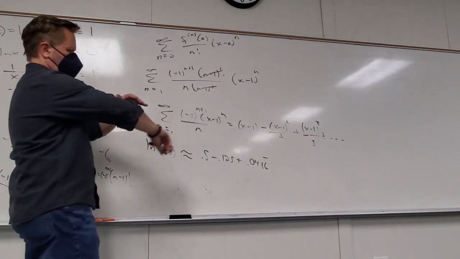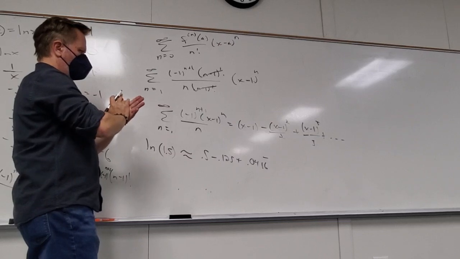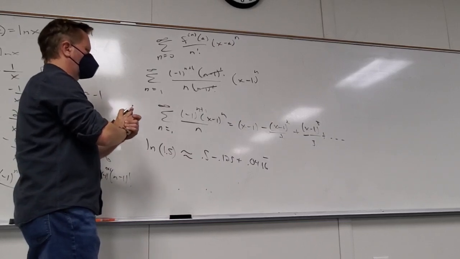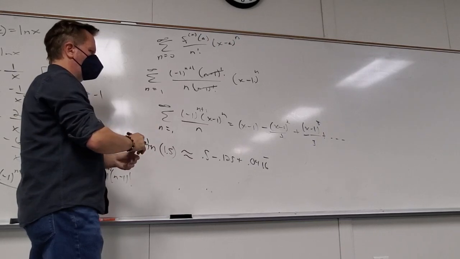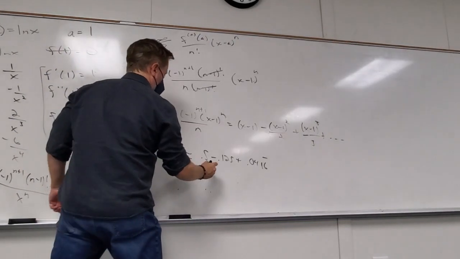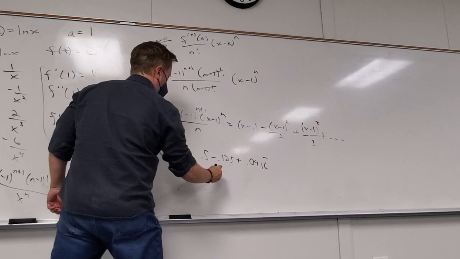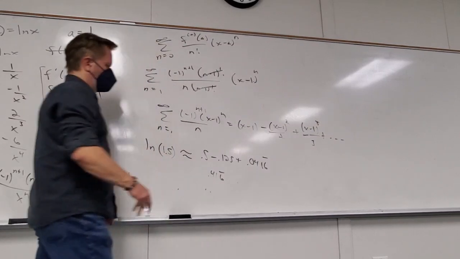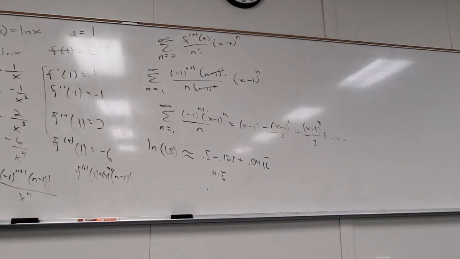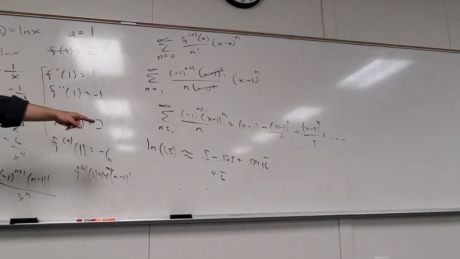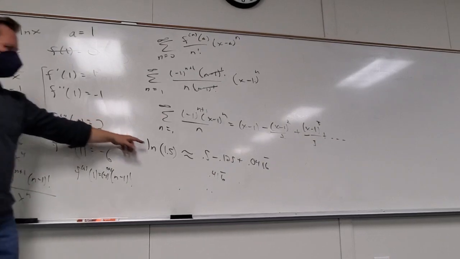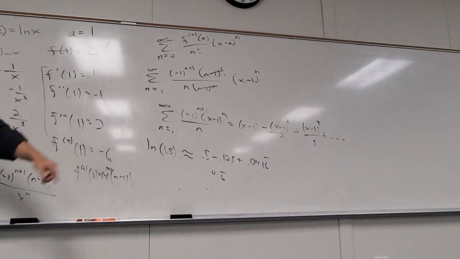So what is that? It's 0.41666. So what is the natural log of 1.5? 0.405. Considering that 1.5 is relatively far from 1, that's pretty close.